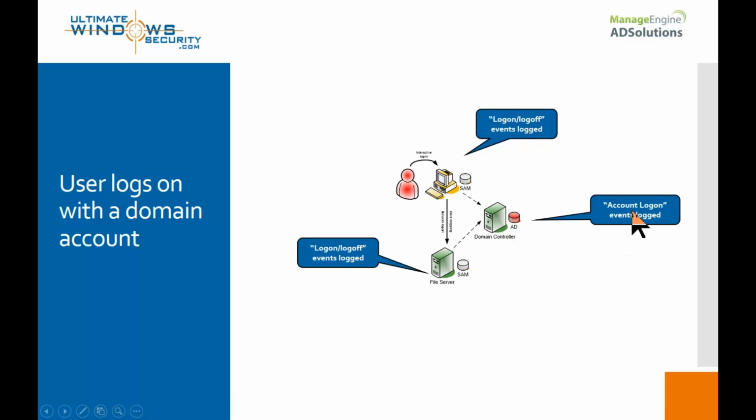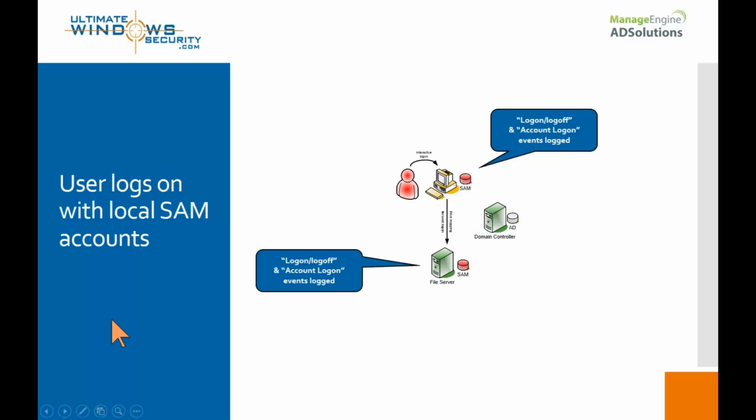On the domain controller is where we get the account logon or authentication event. And then when the user accesses a shared folder down here on this file server, without specifying new credentials, so it just uses his existing domain credentials, then we get a logon event down here on the member server as well.